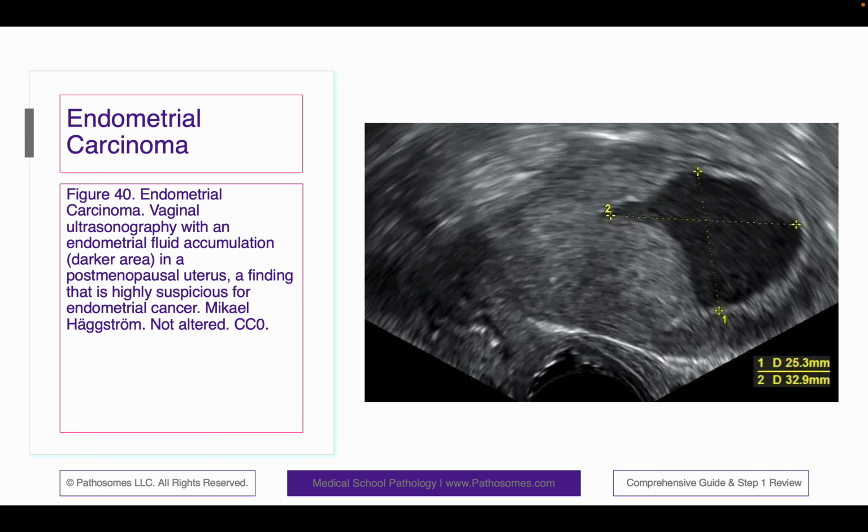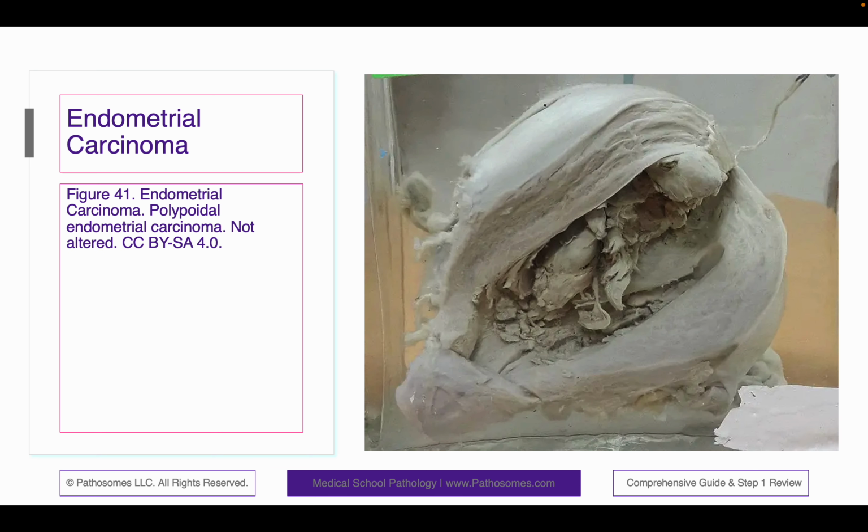And here we have a vaginal ultrasound with an endometrial fluid accumulation in a postmenopausal uterus, which is a suspicious finding for endometrial cancer. And this is a polypoidal endometrial carcinoma in a very well preserved specimen.